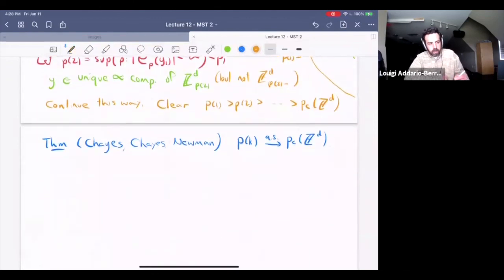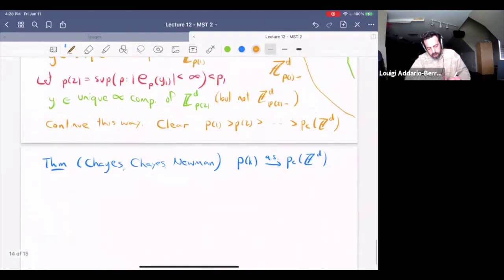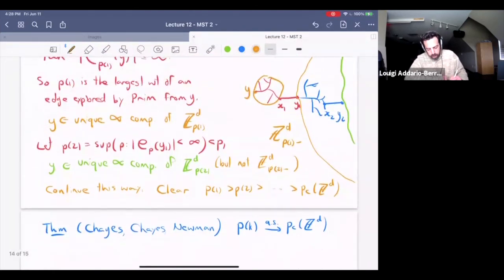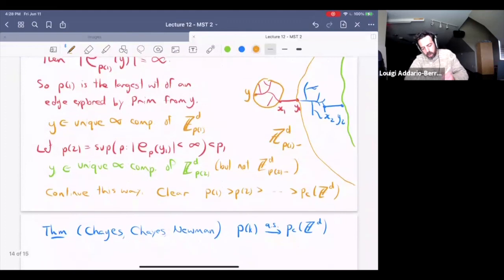But another way to put this, all of the edges that are explored between this edge and this edge have weight less than P2, right? So we explore a bunch of edges of weight less than P2, and then we get this edge of weight P2, which is bigger than the critical value. Then we'll explore a bunch of edges of weight less than P3 and add an edge P3, which is bigger than the critical value, and so on.